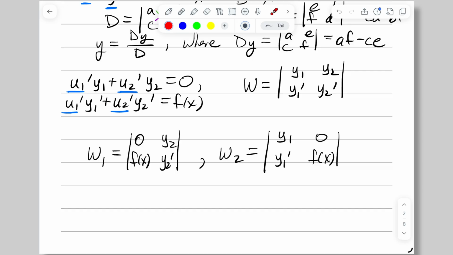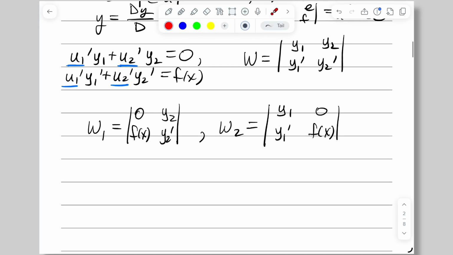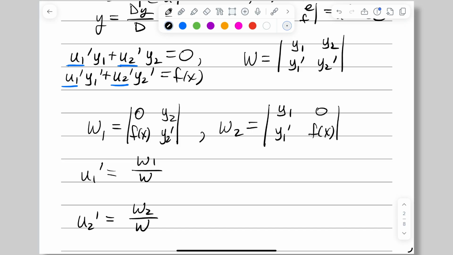Now, if you connect this to Cramer's rule, or just pick it up from here and believe me here, then we've been solving for u1 prime and u2 prime. According to Cramer's rule, u1 prime is W1 over W, and u2 prime is W2 over W. And both of these at this point are 2 by 2 determinants that we can get by multiplying upper left by lower right and subtracting lower left times upper right.